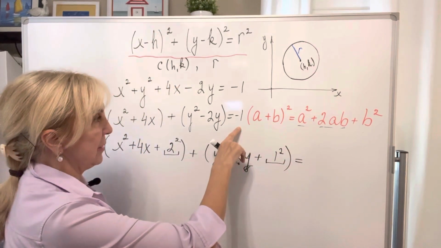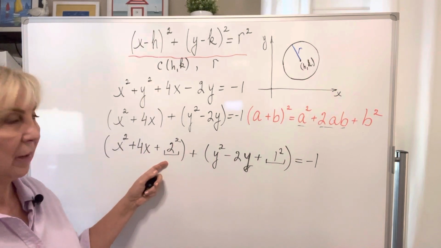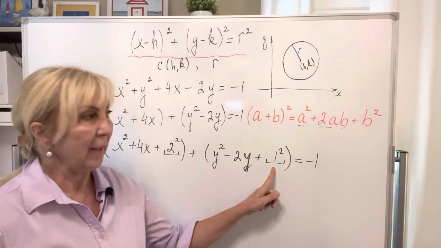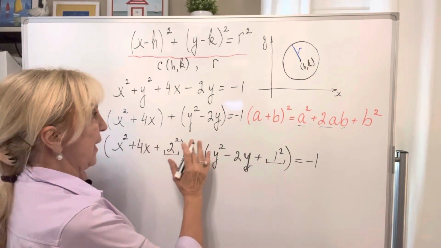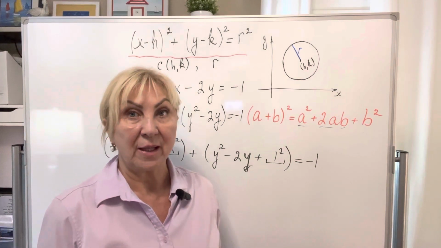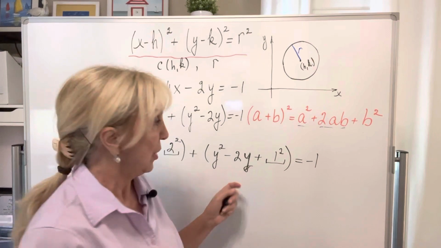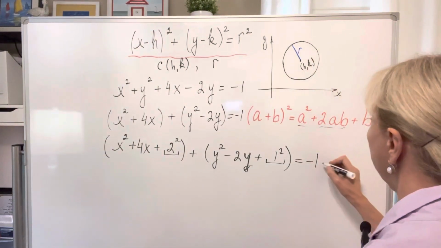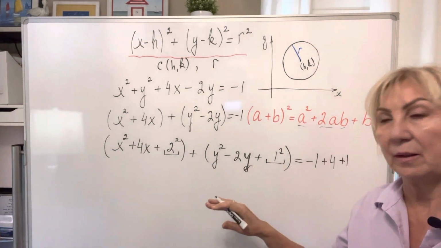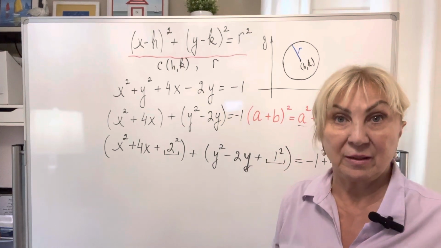On the other side, we had -1. But since we added 2 squared and 1 squared to one side of this equation, we have to do the same and add the same numbers to keep the equality, an equivalent equation. So I have to add 2 squared, which is 4, and plus 1. Now those two equations are equivalent, the same equation.